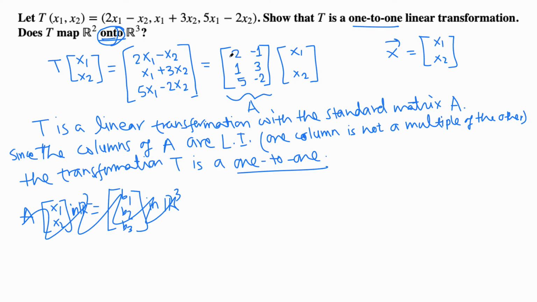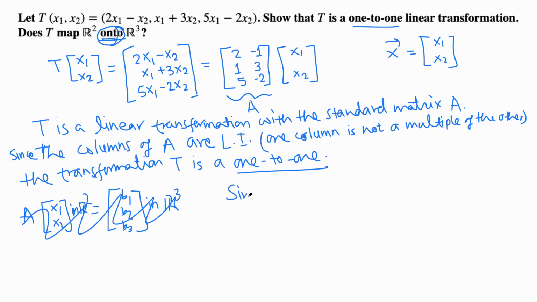So we can have one, maybe two, but we have only two columns, so there is no way we can get three pivot rows. We might have just one pivot. We cannot have three. To generate any vector in R3, we need three vectors. So we have only two columns, only two vectors.